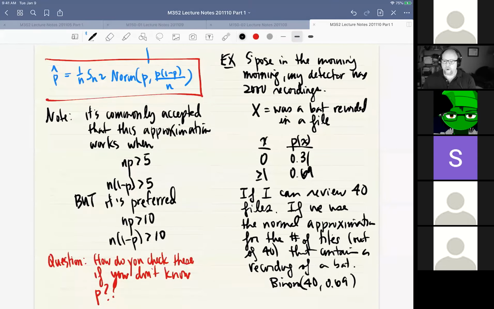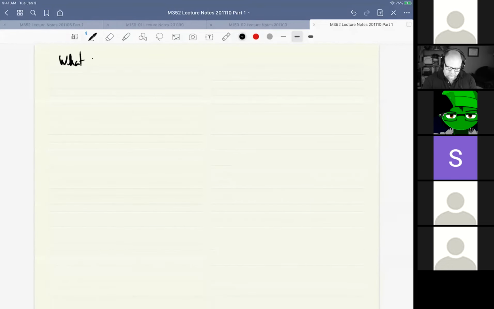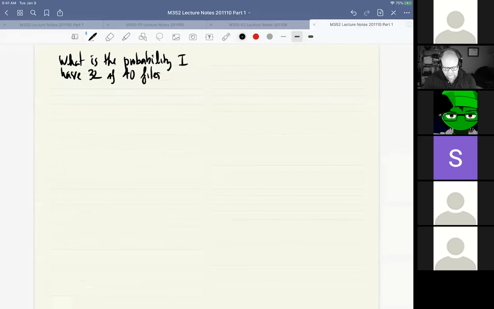And I'm going to use the normal approximation for that. So what's the probability that I have at least 32 files that have bats in them? What is the probability I have 32 of 40 files with a bat recorded in it?